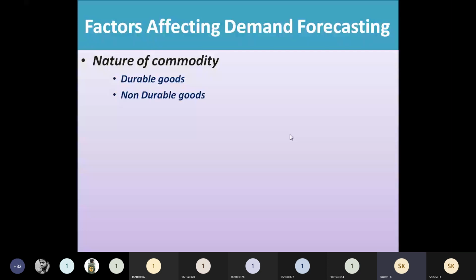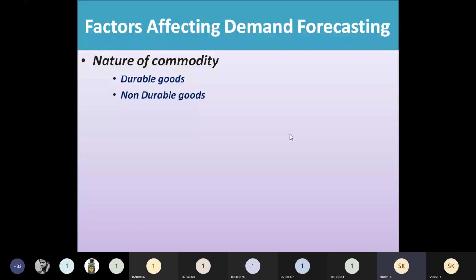So for the non-durable goods, such type of demand forecasting is not needed. Simple methods like exponential or moving average, if you use, that is enough for non-durable goods. Sorry, durable goods. Okay. So non-durable means which are having long life, no?